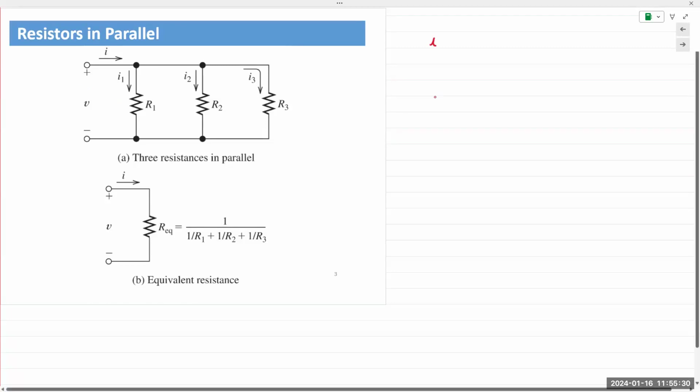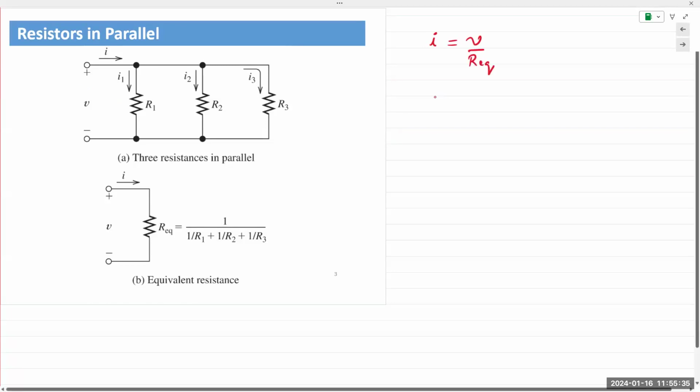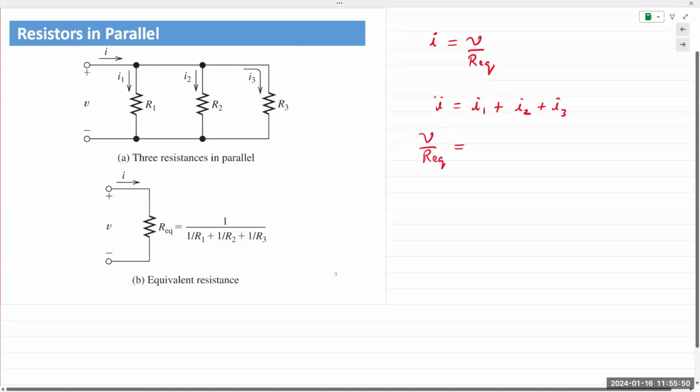If I write an equation from Ohm's law, I would be equal to V over Req. And I is equal to I1 plus I2 plus I3. So V over Req is equal to V1 or VR1 divided by R1 plus V2 divided by R2 plus V3 divided by R3.